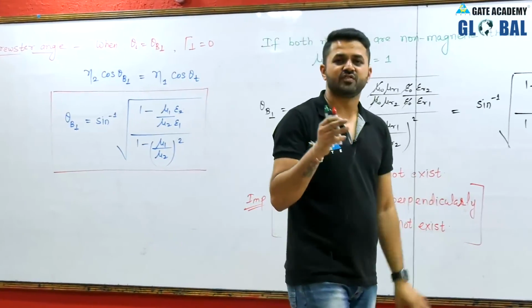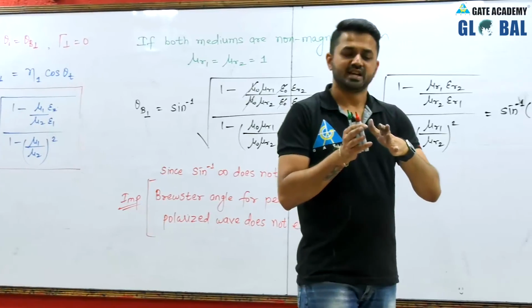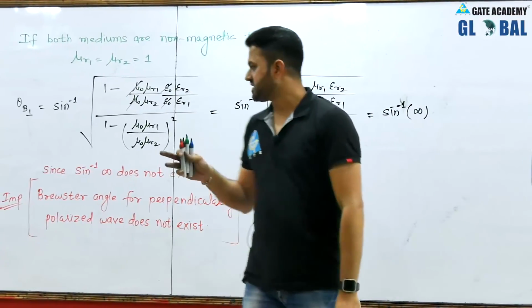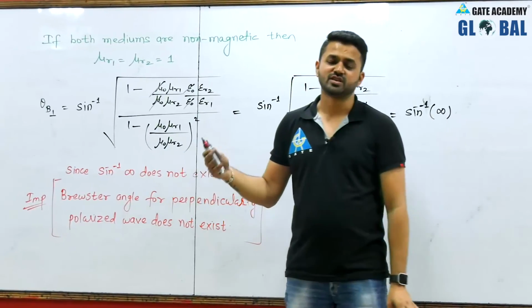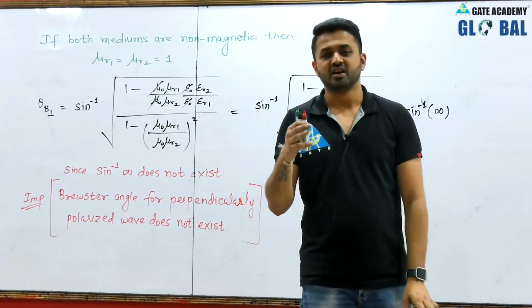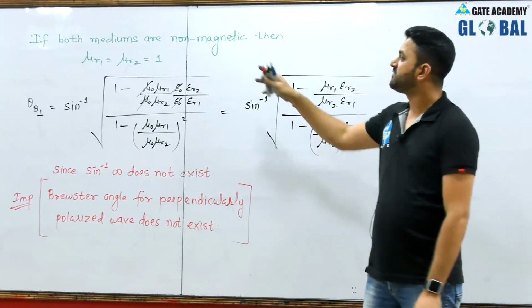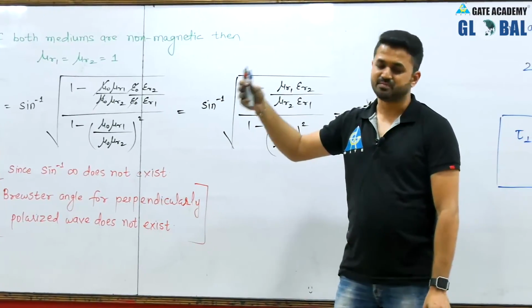So the reflected wave will be present when the wave is perpendicularly polarized, because there is no angle which makes the reflection coefficient 0, especially for a non-magnetic lossless medium.